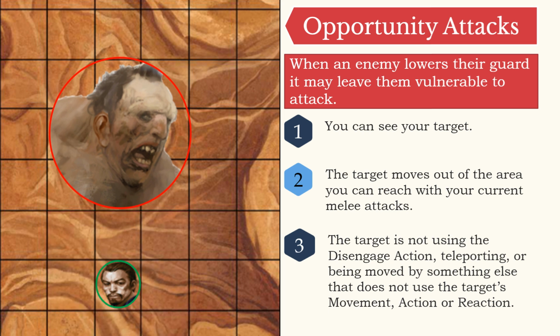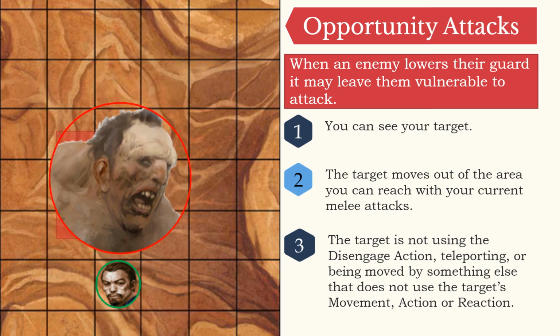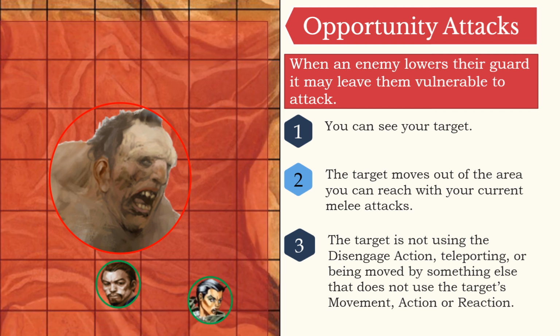In our second example, Jazeera joins the fight. She wants to flank the hill giant, and while moving into flanking position, she moves out of several squares that are within the hill giant's reach. Does this allow the giant to make an opportunity attack against her? Again, let's check the criteria. First, we'll assume the hill giant can see her, so that criteria is met.